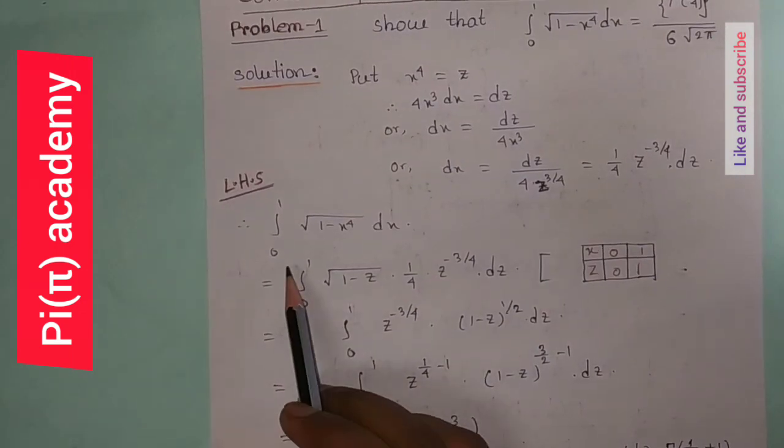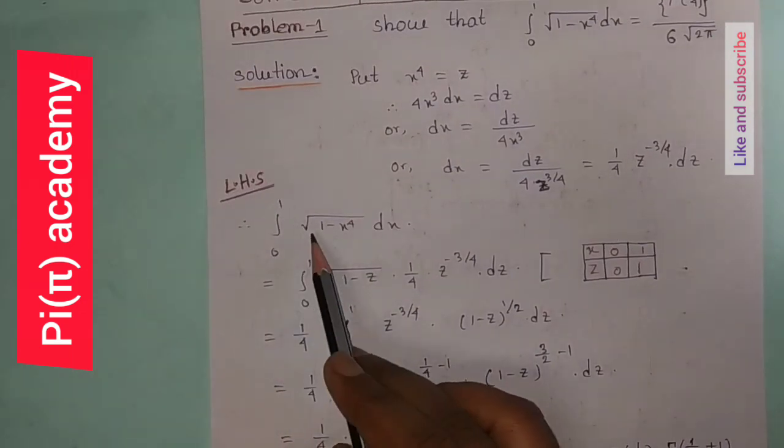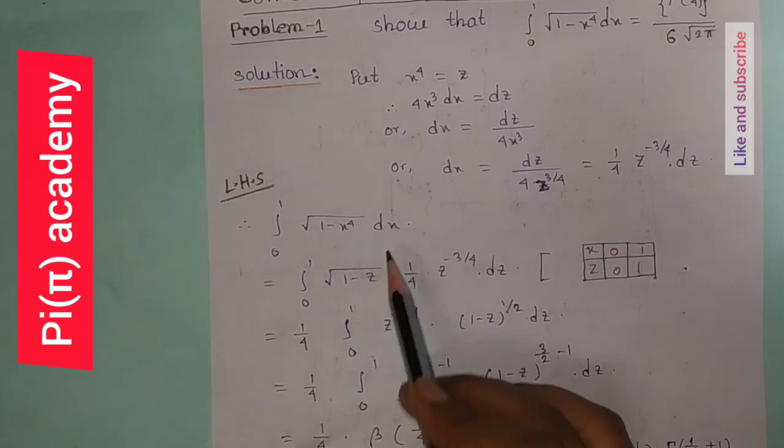Now, the left hand side is the integral from 0 to 1 of root over 1 minus x to the power 4 dx.